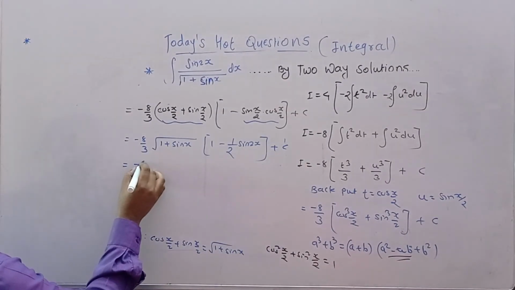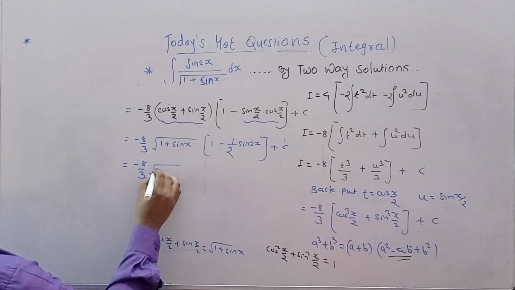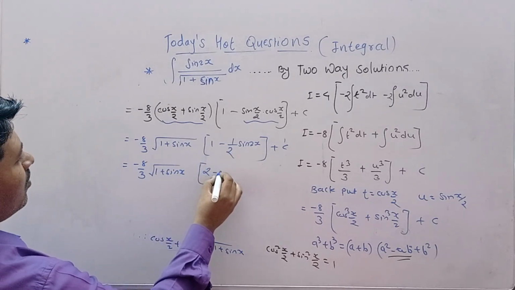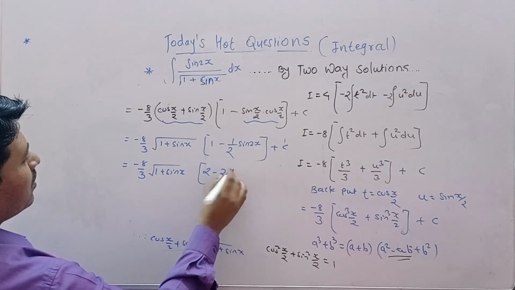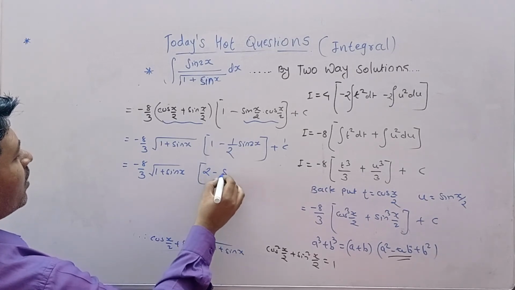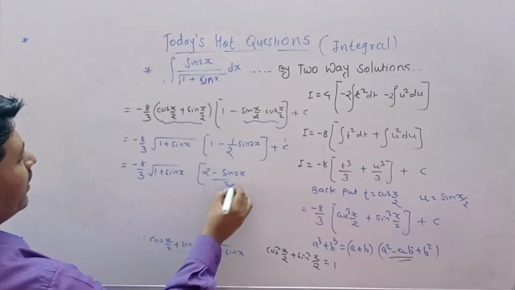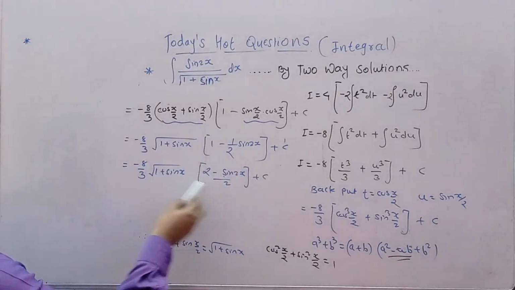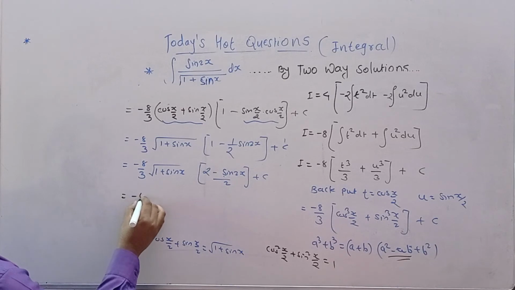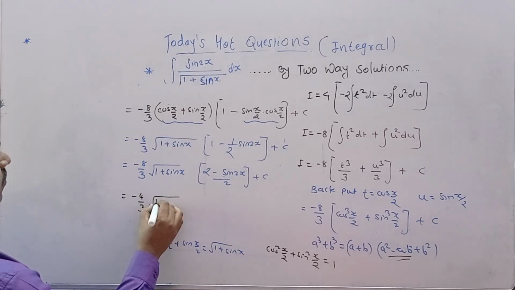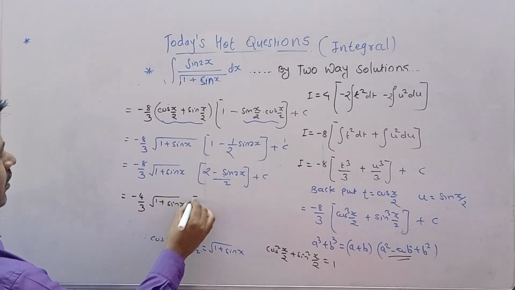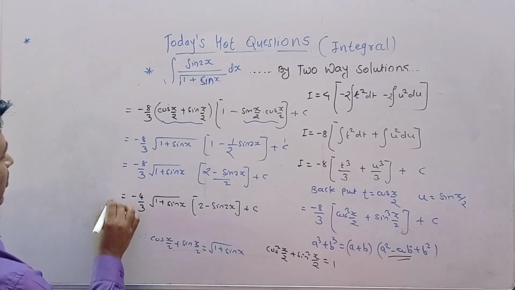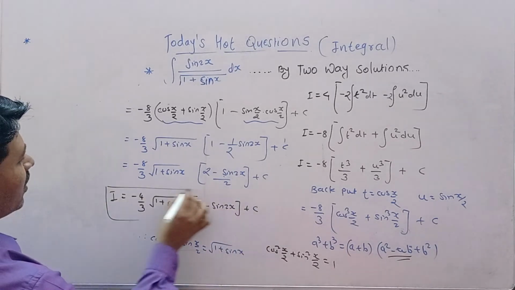Therefore we get -8/3 square root of (1 + sin x), and this term becomes (2 minus sin 2x) divided by 2, plus c is the constant of integration. And we get the final solution: -4/3 square root of (1 + sin x) in bracket (2 minus sin 2x), plus c is the constant of integration.